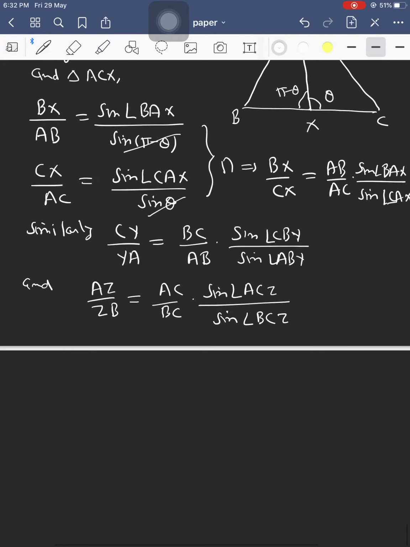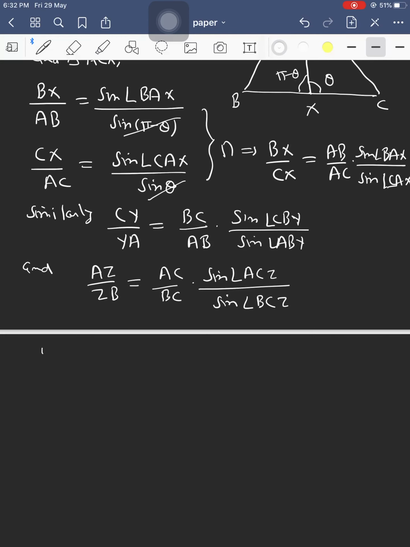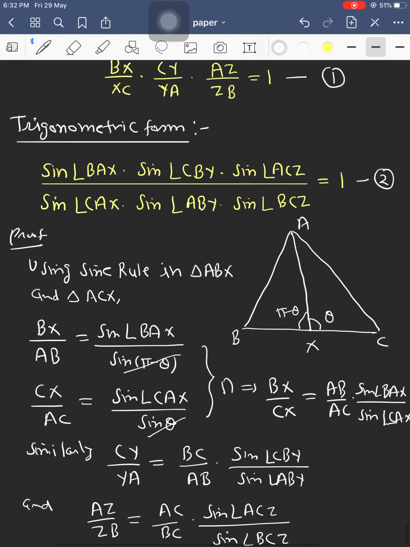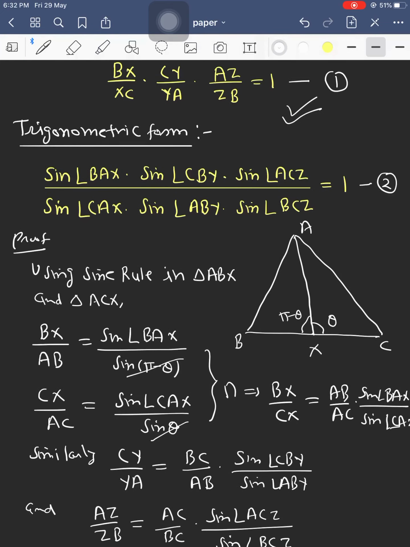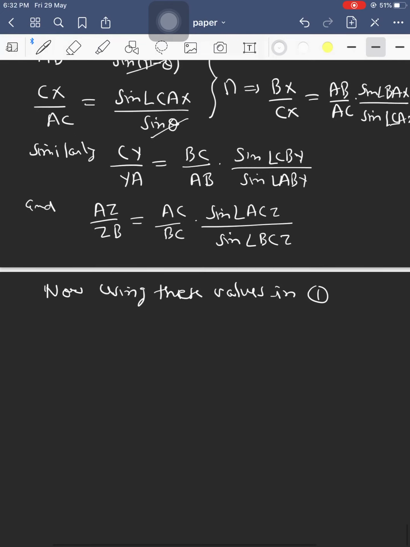Okay, now using these values in this result, what do we get?